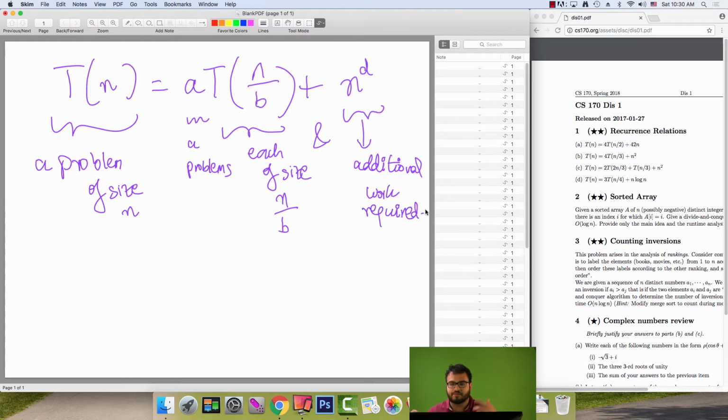First I want to give you an example. Let's just think about merge sort. In merge sort, if you have an array of size n, you can solve that problem by solving two smaller merge sorts, each of size n over 2.